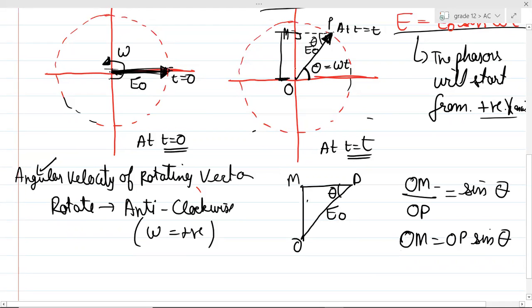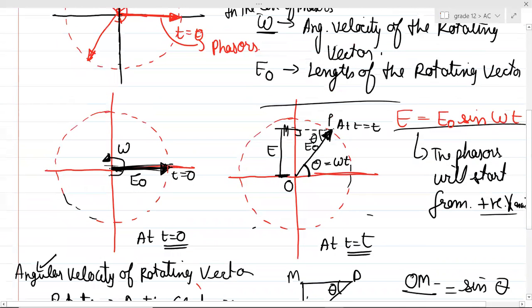This represents the instantaneous EMF on the phasor. So basically this is E. OP was equal to E naught and sine theta was equal to sine omega t. So from this diagram as well, you are able to get this equation. Basically this equation can be represented as this diagram.